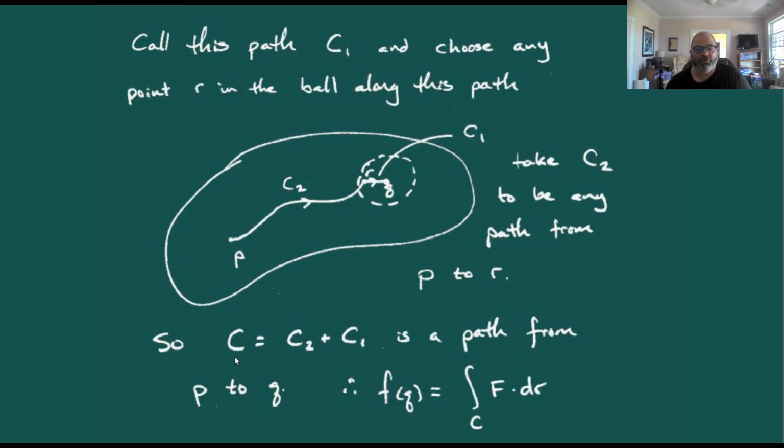And so our curve C, we can take any curve that we want to. So let's say C is going to be C1 plus C2. So our arbitrary curve over to R, and then our constant curve inside that ball over to our point Q.